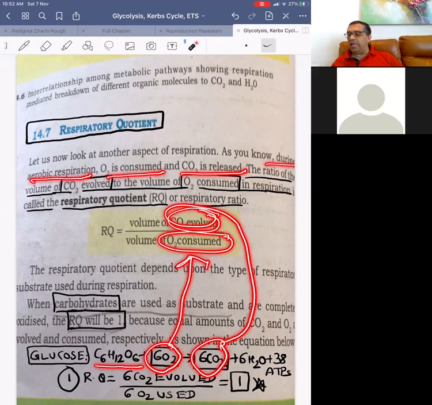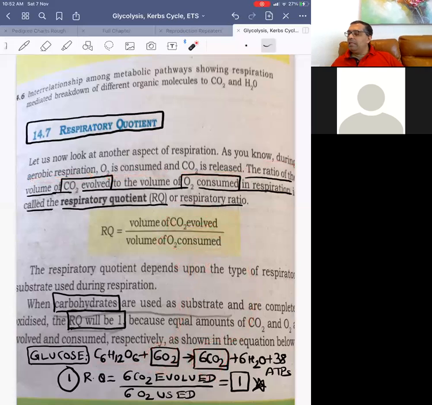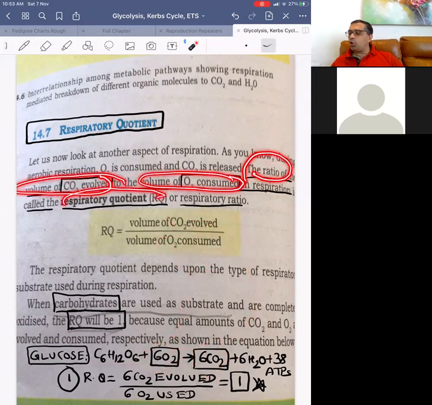CO2 evolves, and the ratio of the volume of CO2 evolved to the volume of oxygen used in respiration is called respiratory quotient or RQ.